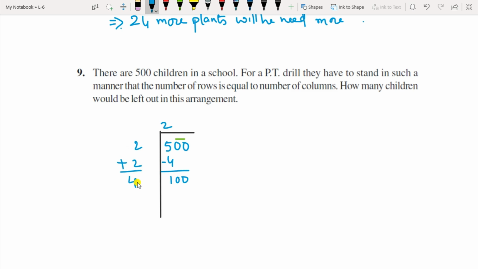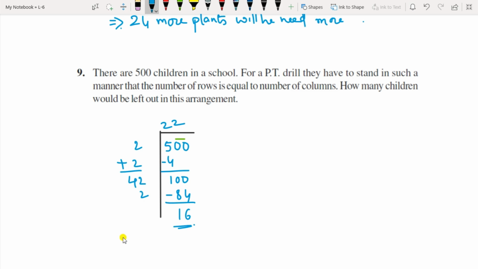Okay. So we will take the number as 43, 3 2s are, it becomes 84. So the answer is 16 here. So these 16 students are remaining. This remainder is 16. Now all get arranged in the rows and columns, and the remaining are 16 here.